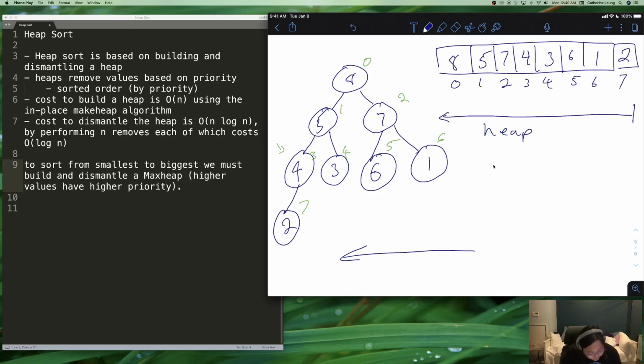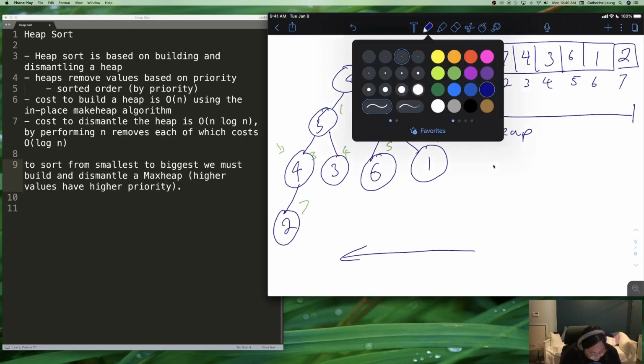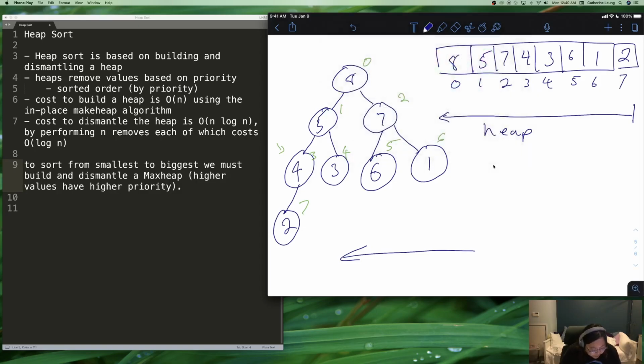All right, so let's see what we can do. So I'm going to remove the biggest number from the heap. Now, there's different ways to do this, but if you're going to actually do a sort, the easiest is just to do a simple swap. Put the 2 here, put the 8 here. Now, why do you do that?